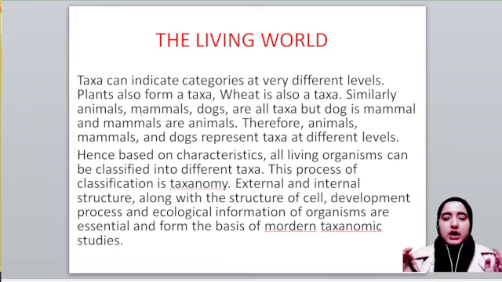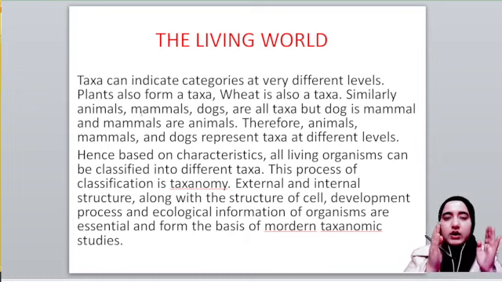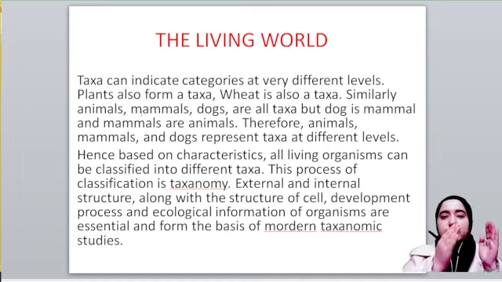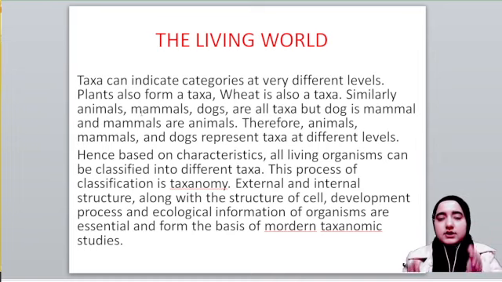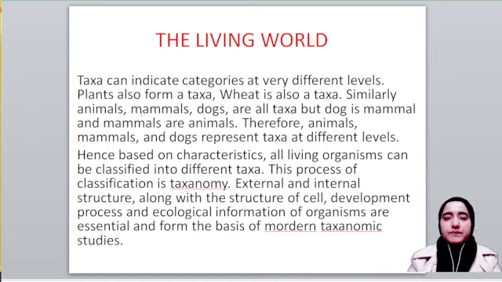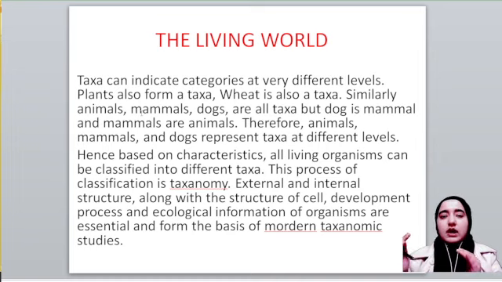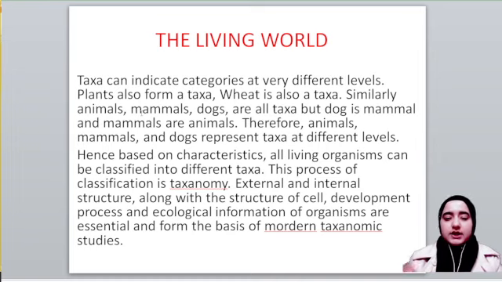So if we talk about characteristics, each and every organism can be classified into different taxa. We can put a particular plant in one taxa, another plant in another taxa, animals in another taxa, mammals in another taxa, dogs in another taxa, cats in another taxa, human beings in different taxa, and so forth.